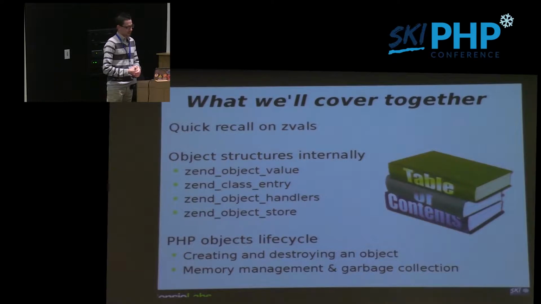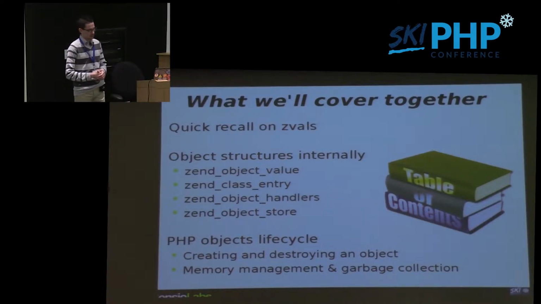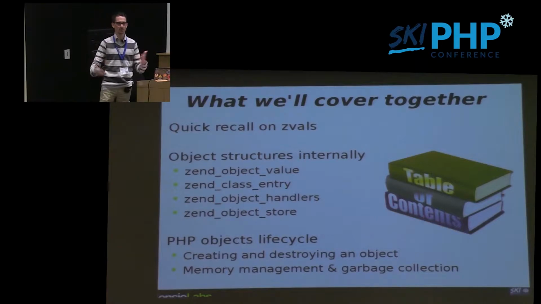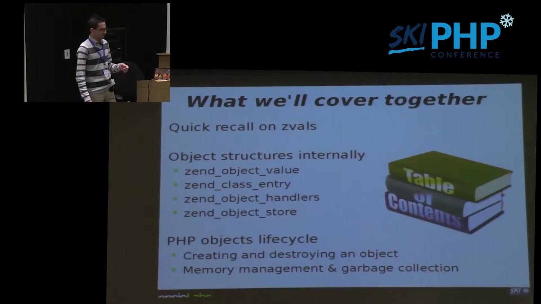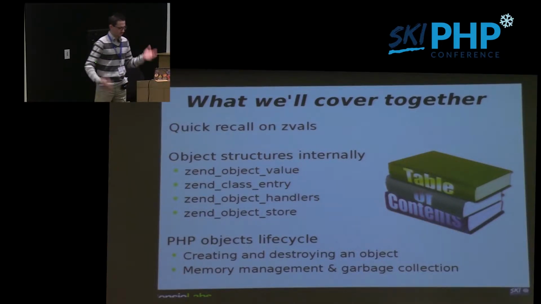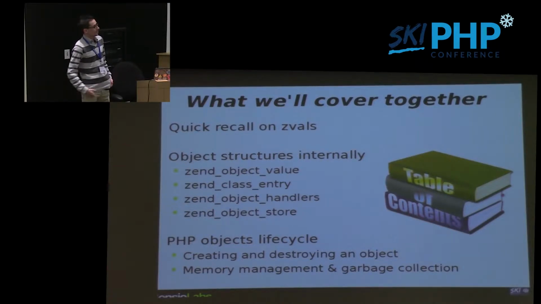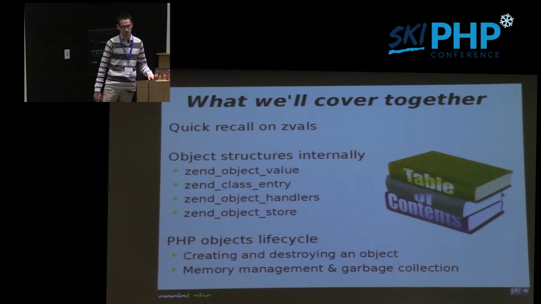And we'll then talk about PHP object lifecycles, memory usage, order of destructors, class compiling, etc. So stuff very technical sometimes, but that's the point, and the garbage collector as well.